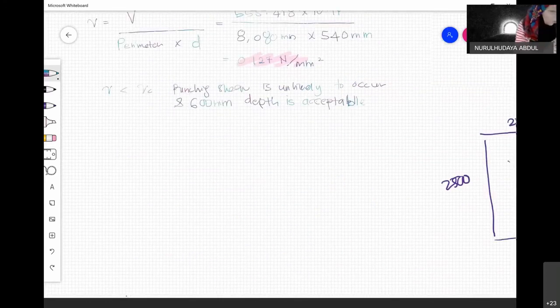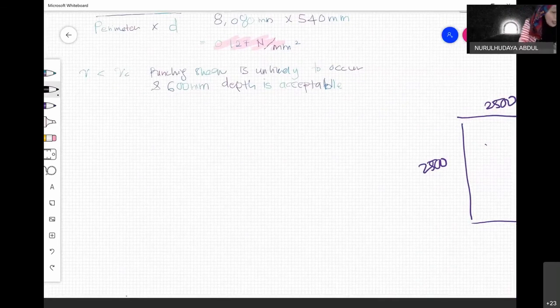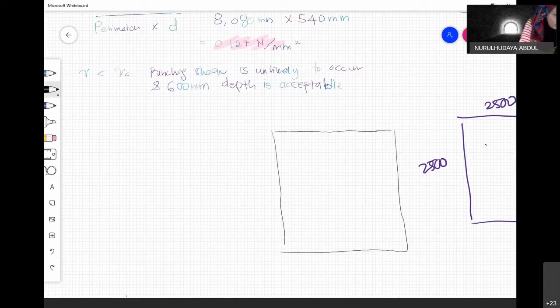Acceptable. What we need to do is kita kena sketch. Okay, so kita sketch. Habis dah. So you boleh lukis lah you punya footing. This is plan view again. Okay, ini column.